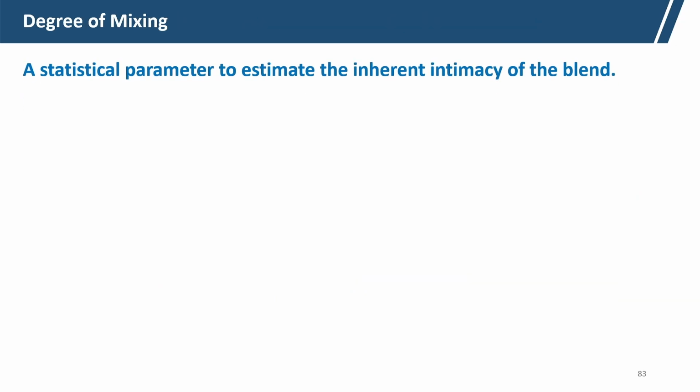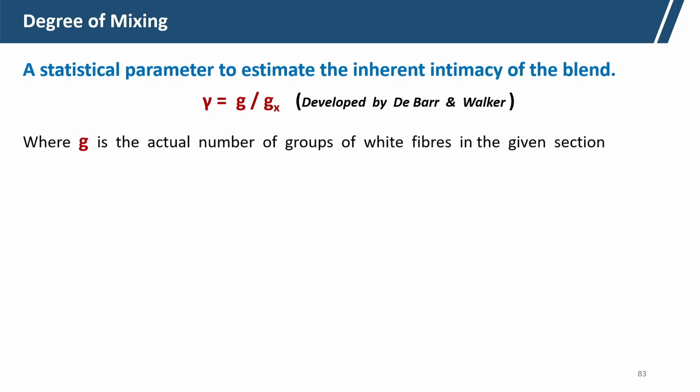So, a statistical parameter to estimate the inherent intimacy of blend is gamma, developed by Dever and Walker.